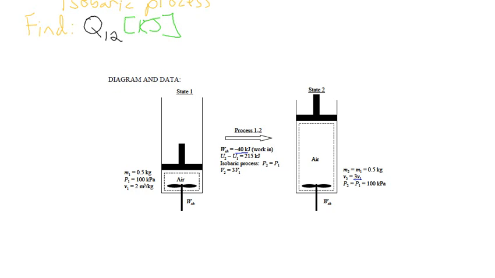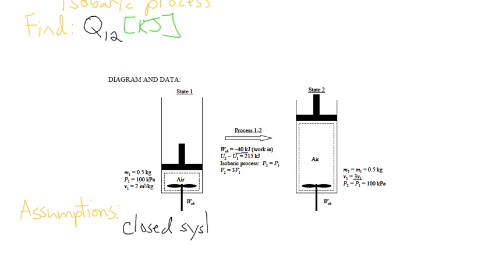So let's list our assumptions. We're going to say it's a closed system. We're just assuming that no air was able to get out.